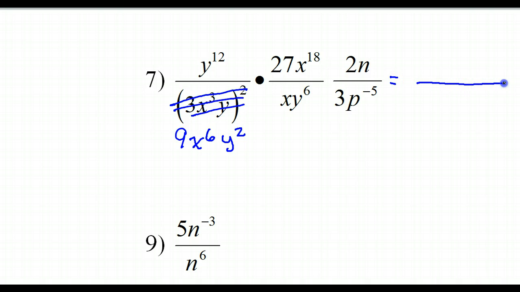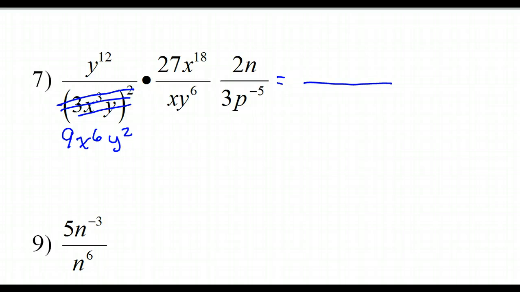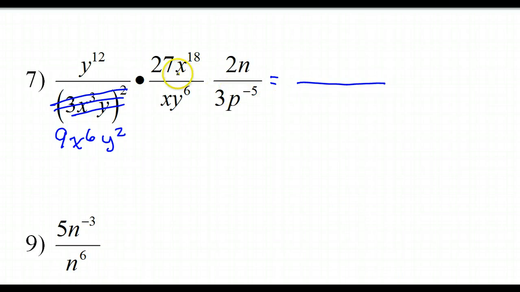Let's collect all of our terms together as best we can. Okay, so let's see. We've got 27 times 2, that's 54. All right, let's put that all together. We've got 9 times 3, that's 27. All right, so I dealt with that. Now, let's look at these x's.